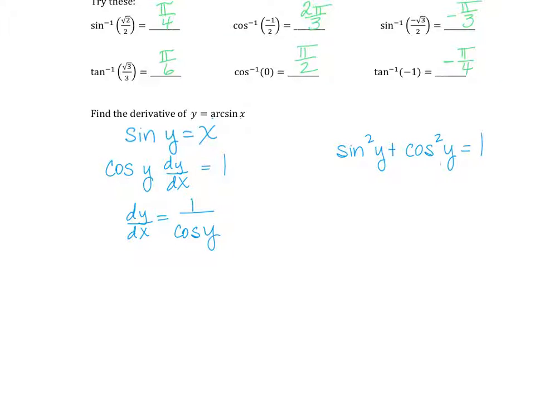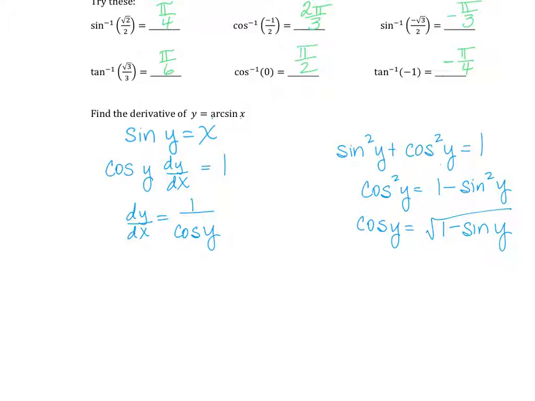So we all, I think, would agree that sine squared plus cosine squared equals 1. So if I wanted to solve for cosine squared, that would be 1 minus sine squared. And in the same way, I could take the square root. Now, technically, when I take the square root, yes, I would need a plus or minus, but because we are talking about quadrant 1 at this particular moment, then I'm going to go with the positive.